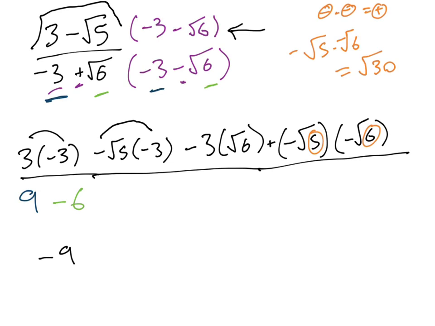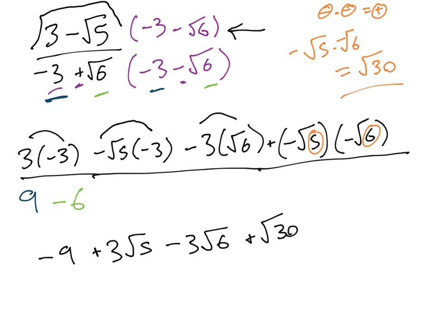Negative 3 times negative root 5 becomes positive 3 root 5. Negative 3 times square root of 6, we'll just leave that as negative 3 root 6. And we saw before that negative square root 5 times negative square root 6 gives us positive square root 30. And all of this is over 3.